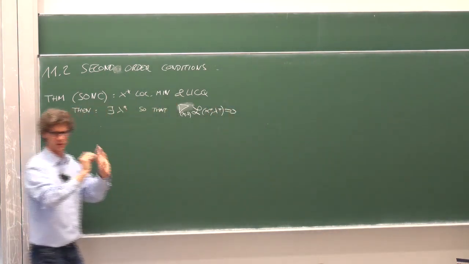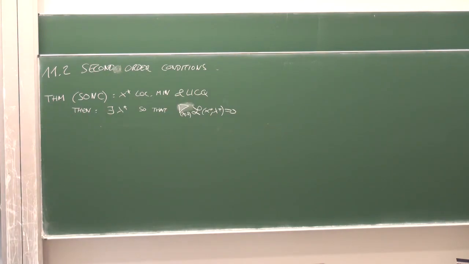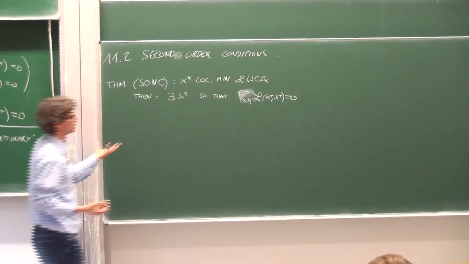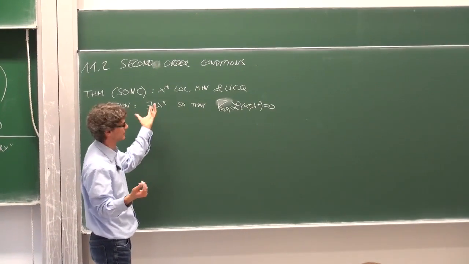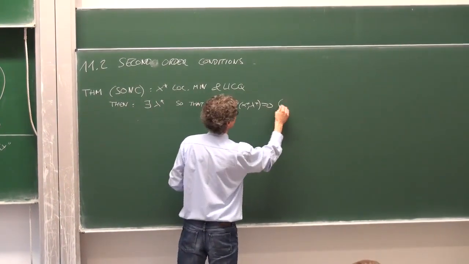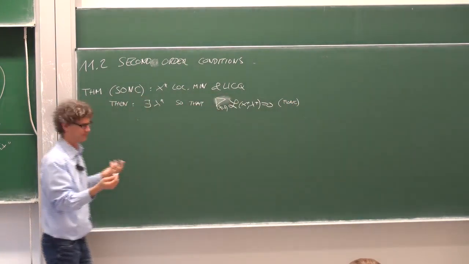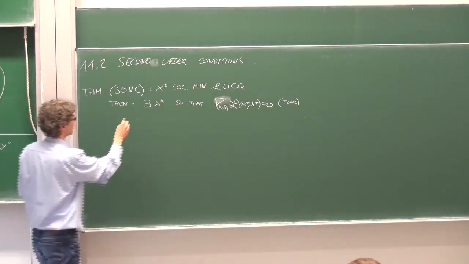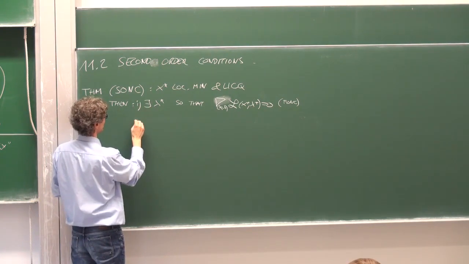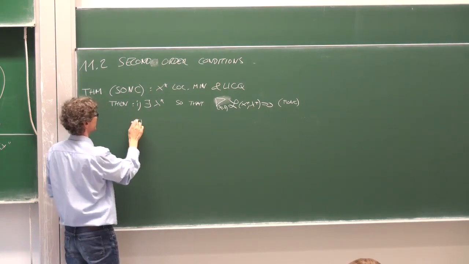So that's the shortest form possible, just to save writing. That's then the first order necessary conditions being satisfied. That's a bit trivial, right? That is nothing new. We proved that already, but I just repeat it because I want to use it for another statement soon.